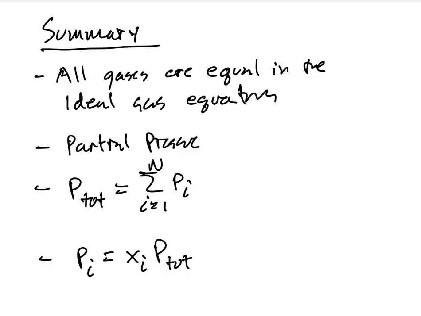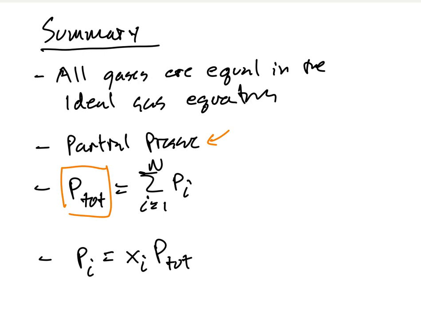Okay, so to summarize what we've talked about here, we've seen how all gases are created equal in the eyes of the ideal gas equation. It does not matter the identity of the gas. If it's behaving ideally, we don't care. This fact led us to Dalton's law of partial pressures, which says the partial pressure, which is the pressure exerted by a given component of a gas mixture, added up for every single component is going to give us the total pressure for that mixture.